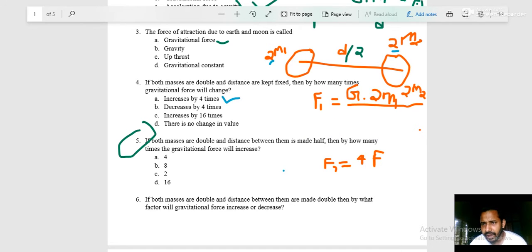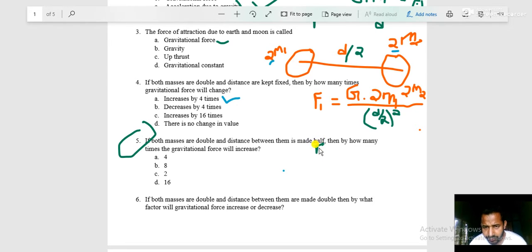What I can do is write over here d by 2, distance is half, d by 2, whole square. Now how much value are you getting? Let me rub this also. Now I should calculate the mathematics carefully over here.